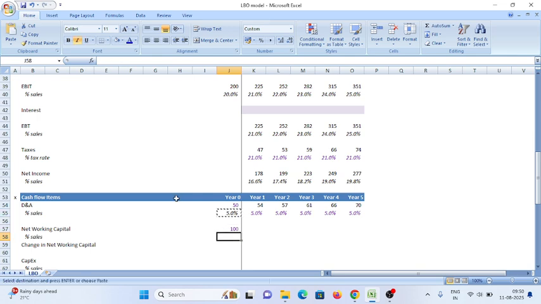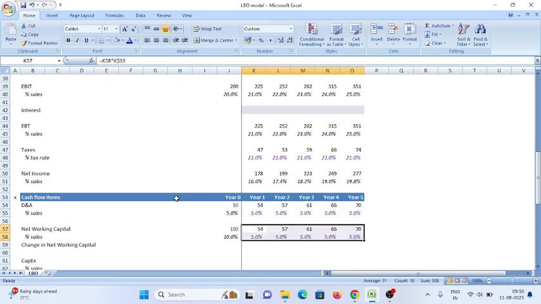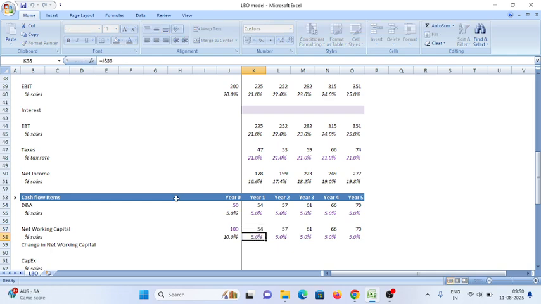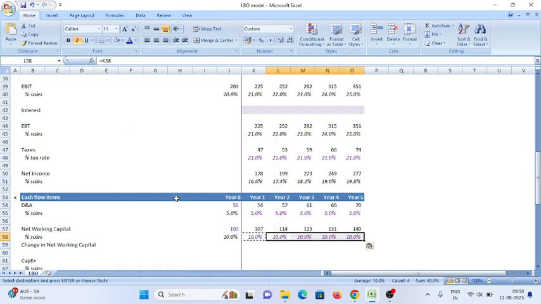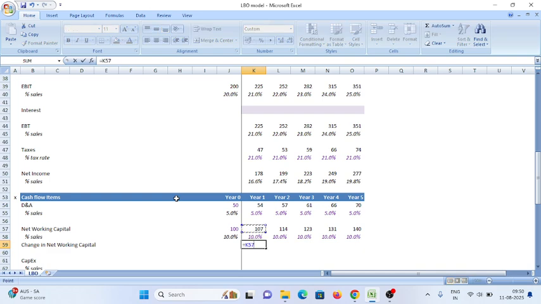Now we have as percent of revenue. You can use this entire formula here, right? I think this is perfect. And then calculate change in working capital.